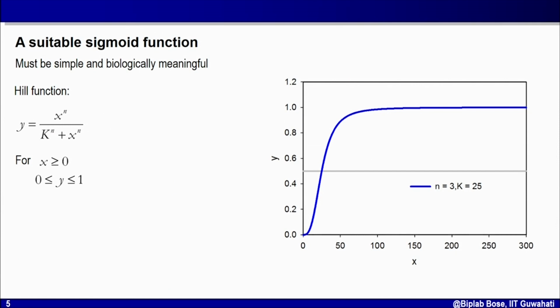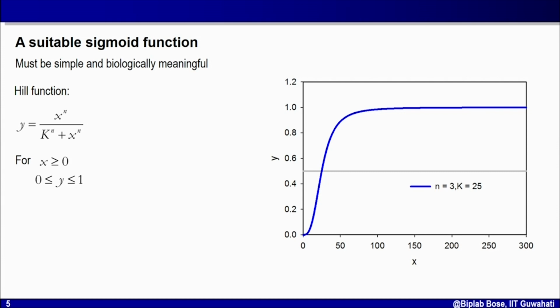Now remember, you can write many different sigmoidal functions mathematically. You can imagine and write a function which will have sigmoidal input-output behavior. But we have to choose a function which will be sigmoidal in behavior, at the same time very simple and with some biological meaning.